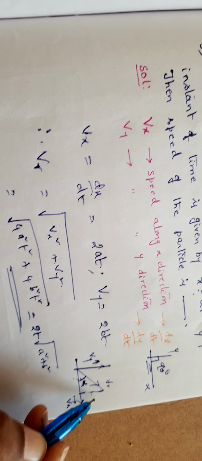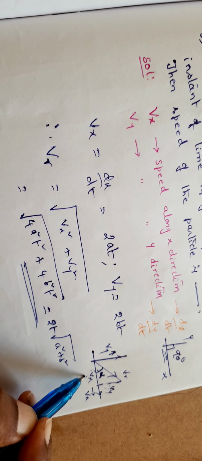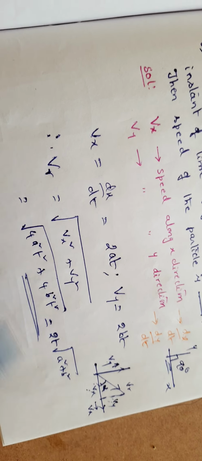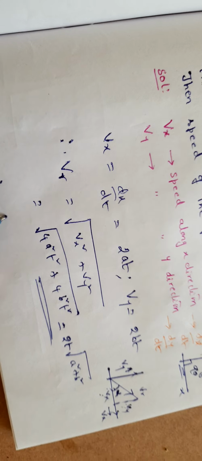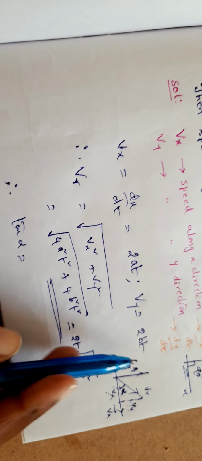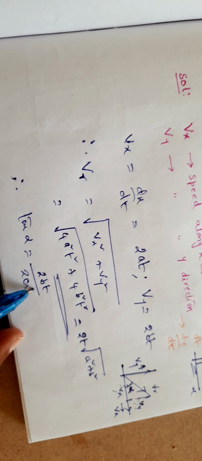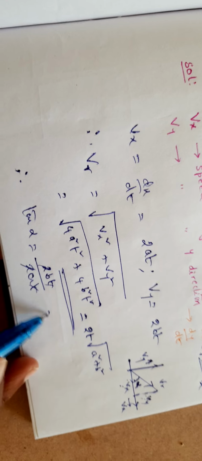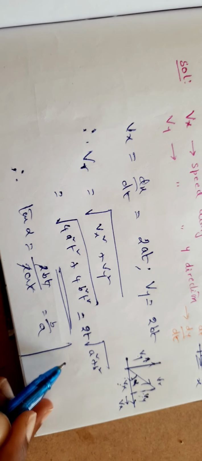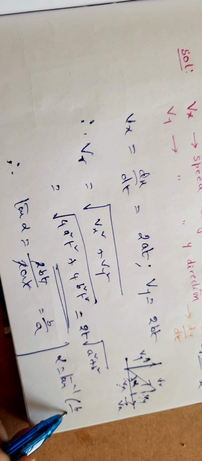If I take this as this, so magnitude of Vy by Vx. So therefore tan alpha is equal to Vy by Vx, 2bt by 2at gives you b by a. So thus alpha is equal to tan inverse of b by a.